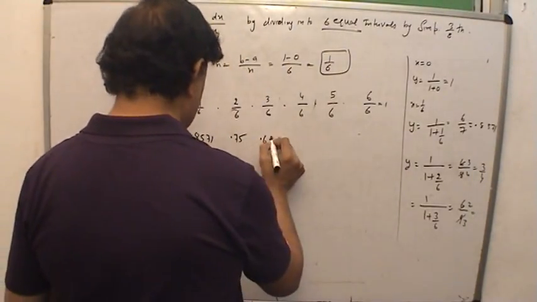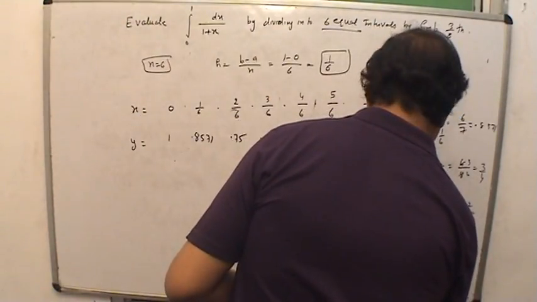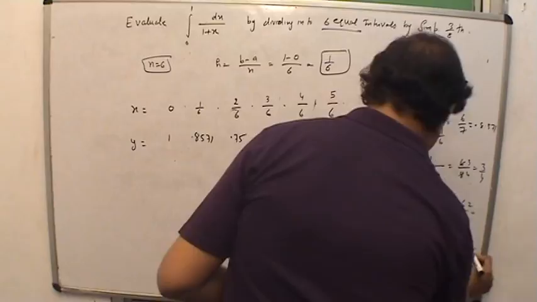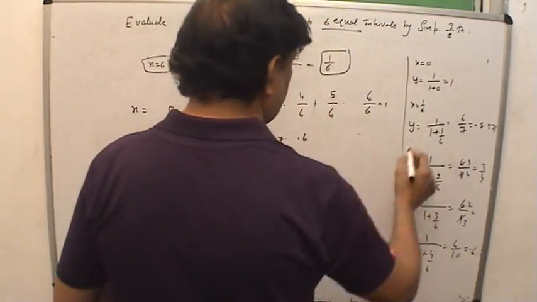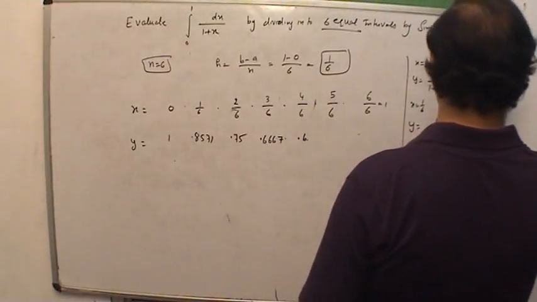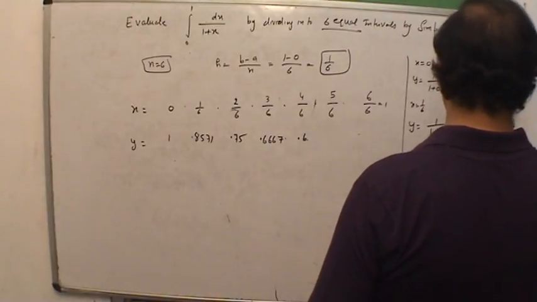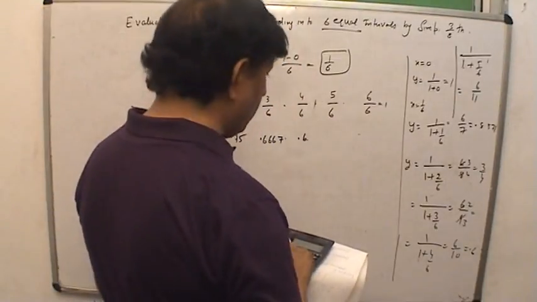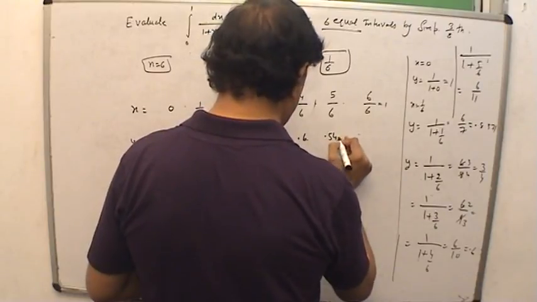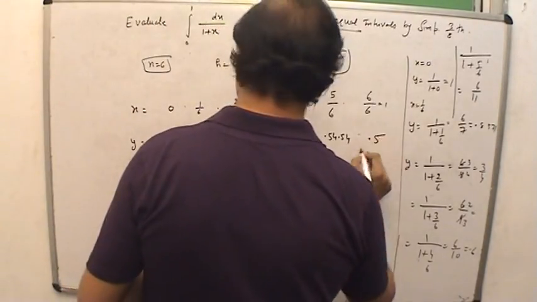It is 0.6667. Next, 1 upon 1 plus 4 by 6, that is equal to 6 by 10, and that is equal to 0.6. Then for 5 by 6, 1 upon 1 plus 5 by 6 is equal to 6 upon 11. 6 divided by 11 is equal to 0.5454. And for 1, it is 0.5.